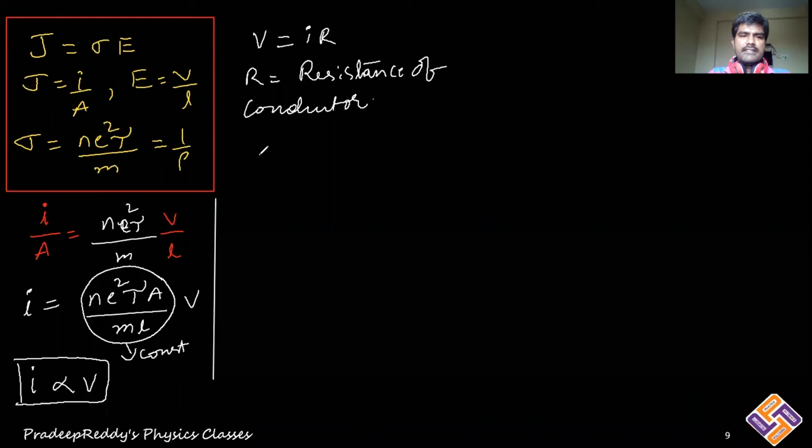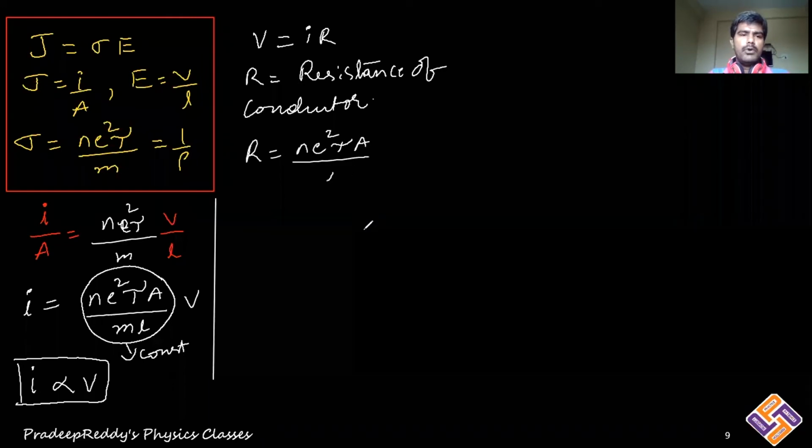So that resistance can be written as R is equal to n e square tau A divided by L into m. This is the equation for R. R is the resistance which we have obtained.